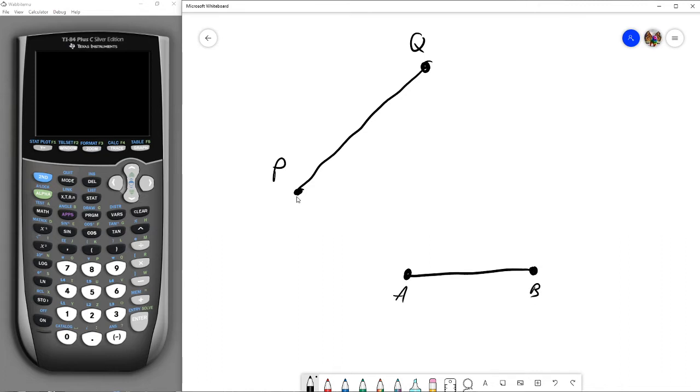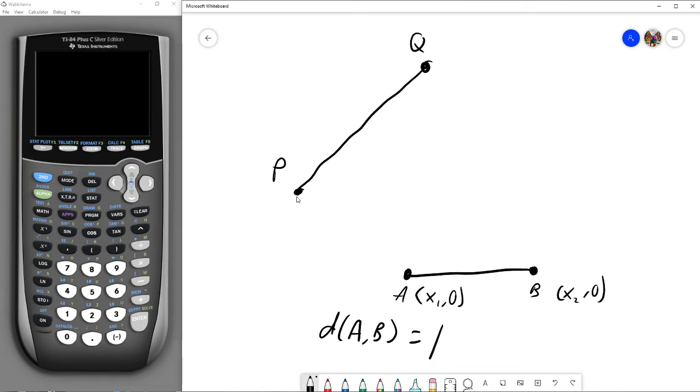The distance from A to B, we use this notation right here, AB. When it's a nice horizontal line, we should have previously learned in algebra class that the length of this line segment would be the absolute value of, so in this case, we have just x coordinates here, so I would say x1, comma 0, and B would be at x2, comma 0.